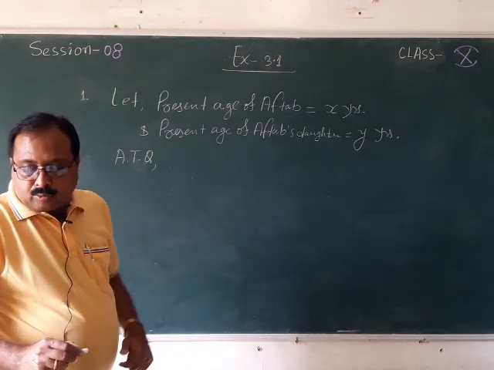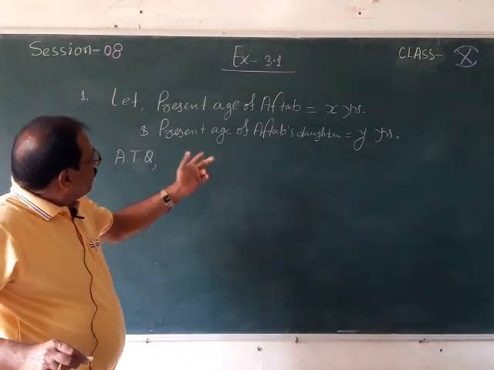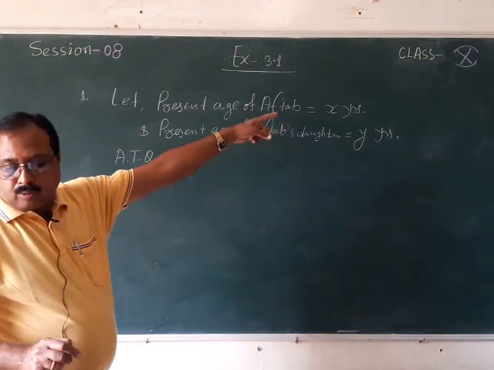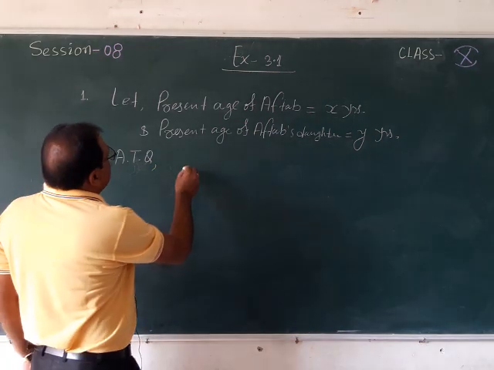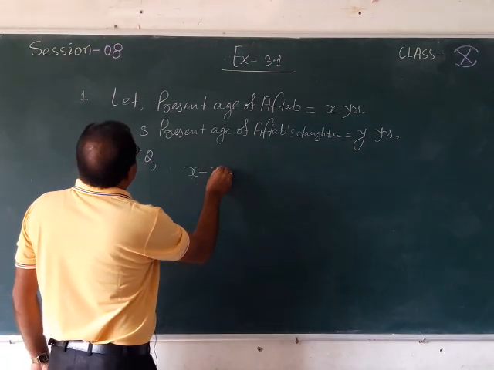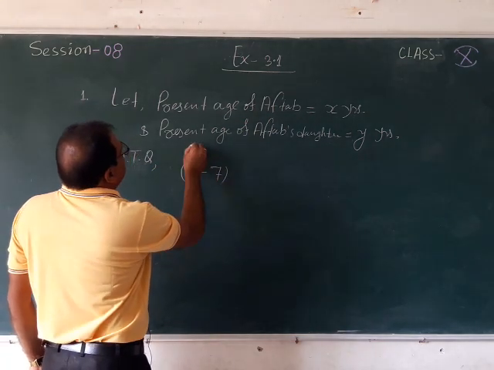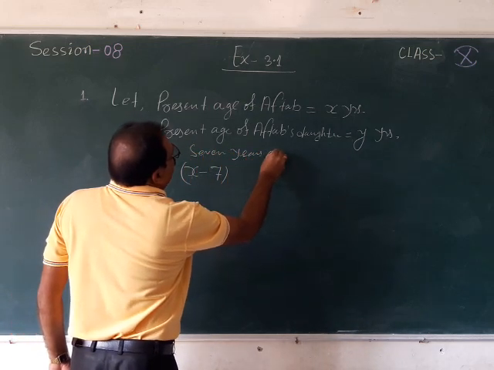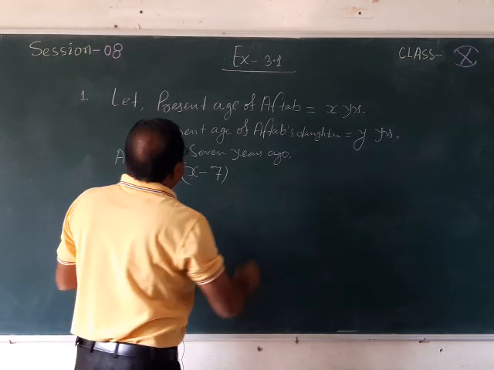Seven years ago, what was the age of Aftab? Now Aftab is x years, so 7 years ago Aftab's age was x minus 7 years. This is the case for 7 years ago. Always you will see that there are two cases.